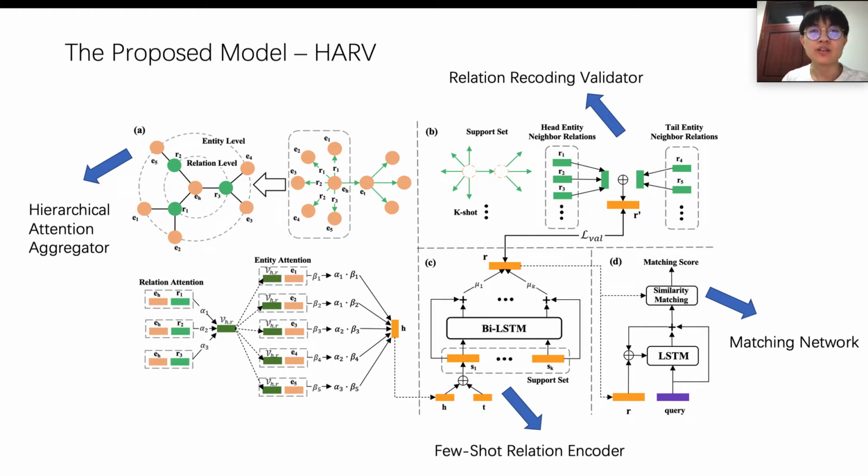Next, we encode the representations of support entity pairs and their neighbor relations, respectively, to obtain the original representations and the recoding representations of the few-shot relations. Then we will calculate their loss function. Finally, we compute the matching score of the query and the few-shot relation representation.